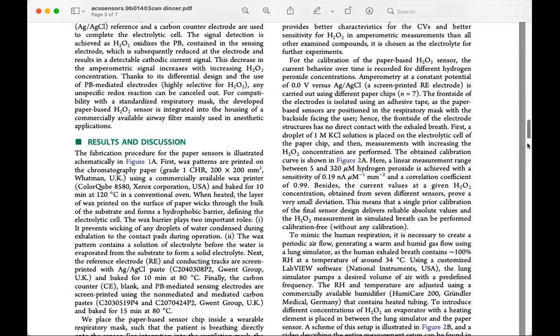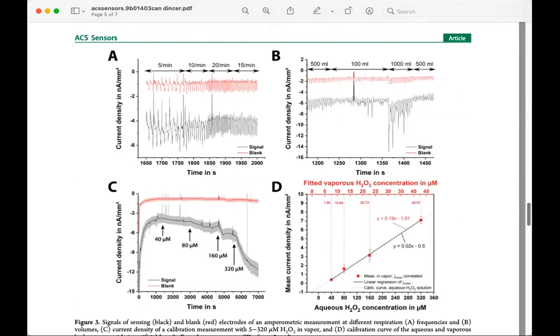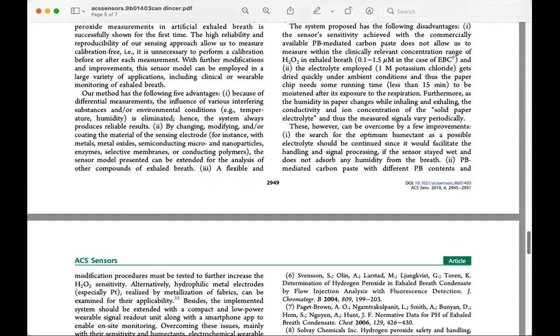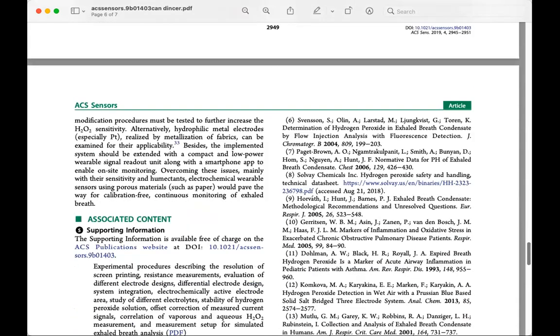All right, let's move quickly. You can find these papers online on ACS, but unfortunately, if you want this paper, you have to be a member of ACS, the American Chemical Society. I'm not a member, but I requested it from someone who is.